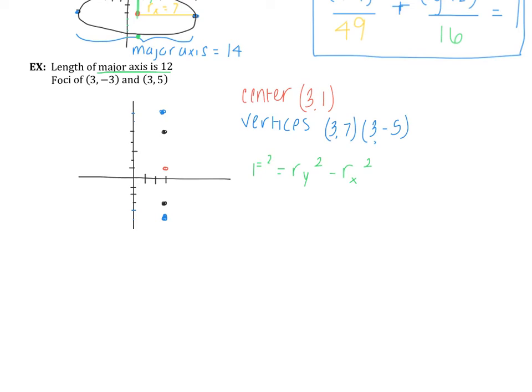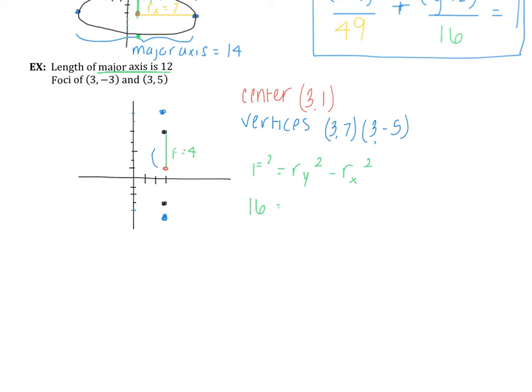F squared. Well, that's this distance here from center to a focus. That distance is 4, right, we already knew that. So F squared would be 16. Ry, same idea.